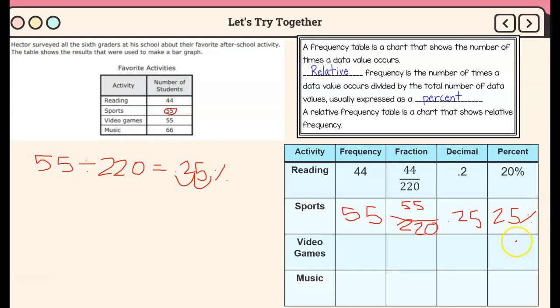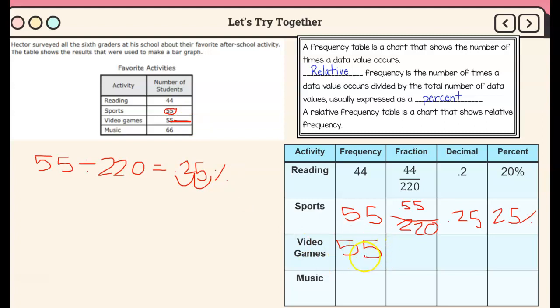Next, video games. What is our frequency for video games? It's 55, right? Look up here, right here, video games, 55 students. So let's write 55.